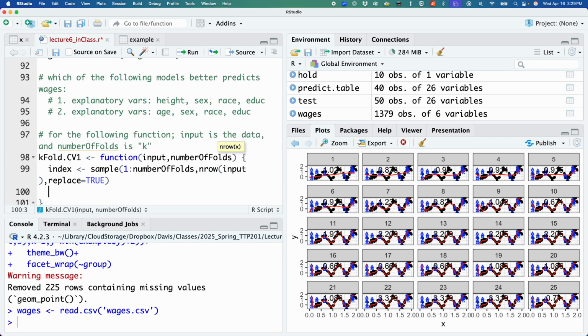Does that make sure that each number, like from 1 to 5, has the same amount of? It won't. But isn't that necessary? No. When you do it randomly, you'll get close, right? Imagine that you had 101 data points. Does that mean you can't do a 5-fold validation? Oh yeah.